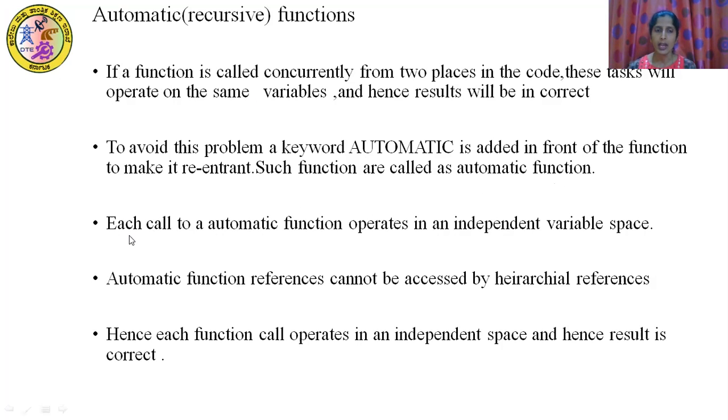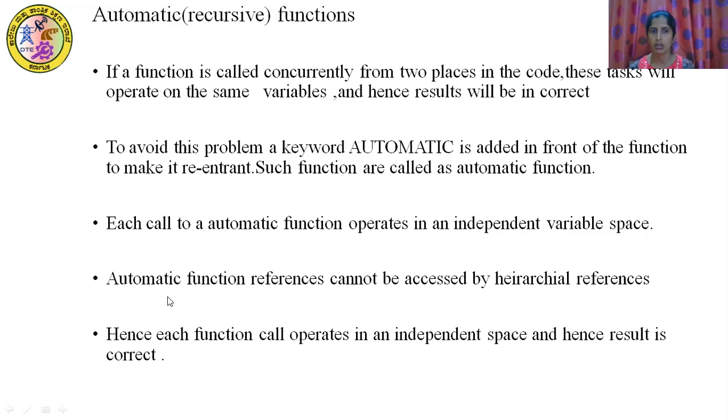Each call to an automatic function operates in an independent variable space. So whenever there are concurrent calls made to an automatic function, they operate in an independent variable space. Automatic function references cannot be accessed by hierarchical references. This is very important.